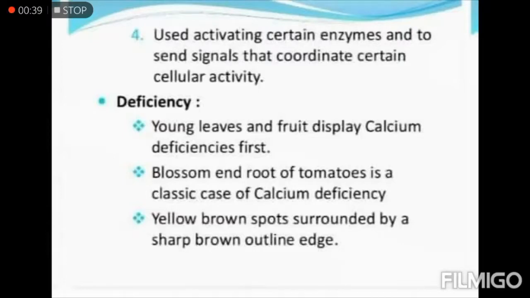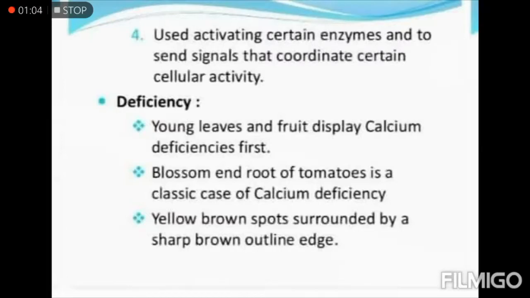Deficiencies. Now what will we face in the plant if we have a deficiency of calcium? First, the young leaves and fruit display calcium deficiency first. As we studied with the other macronutrients, the deficiency originates from the older leaves, then it moves toward the younger ones, from old to young.